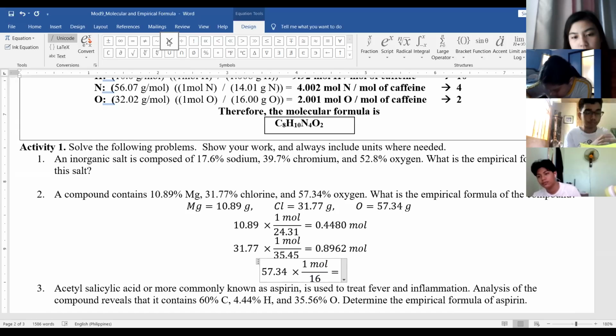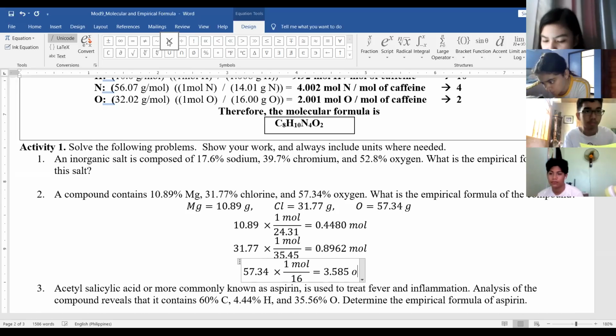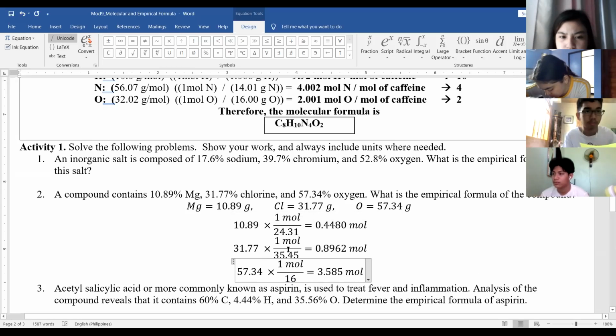Divide 57.34 by 16. You'll get the answer 3.585 mole. Please double check my computation if I am wrong or I did it right.